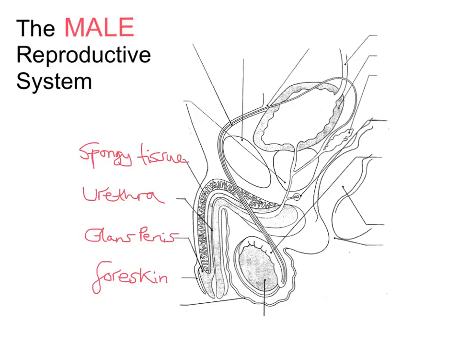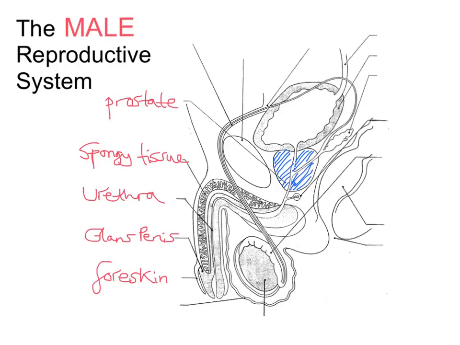I don't know if it's entirely clear, but it's this, and I'll colour this in blue here, or I'll label it in blue. This part here. Now that part there is prostate or prostate gland.